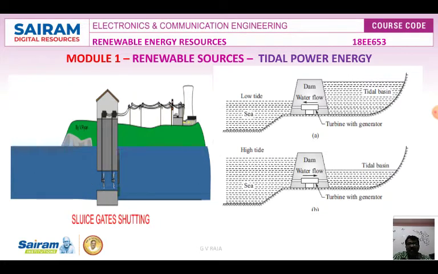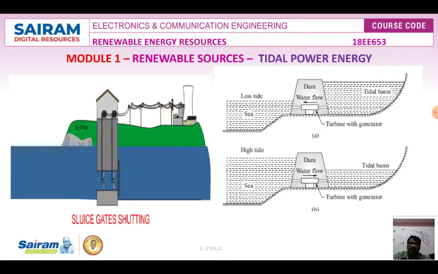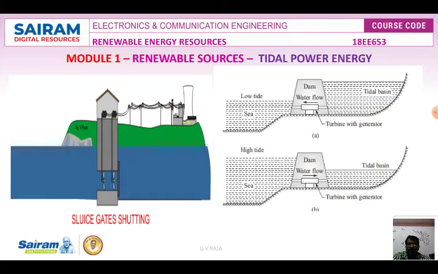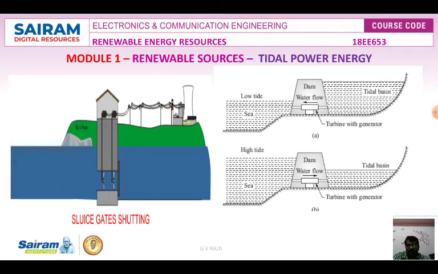Sometimes the dams, the basins and the equipment may be affected due to corrosion. Seawater is corrosive, no? So that may affect the power equipment. The efficiency of the plant is affected due to variable tide energy. More turbines are to be used to obtain sufficient power.